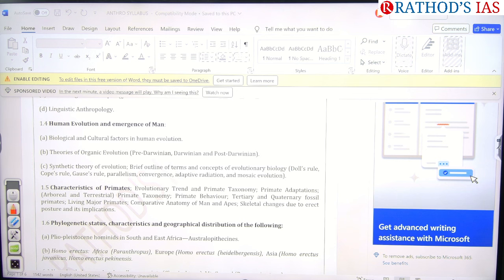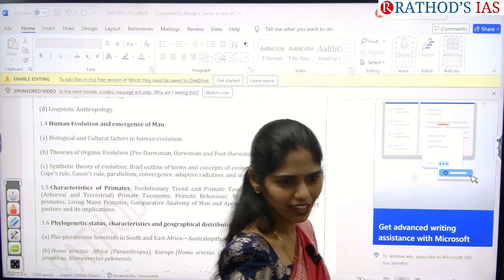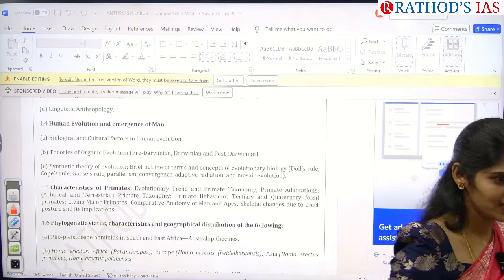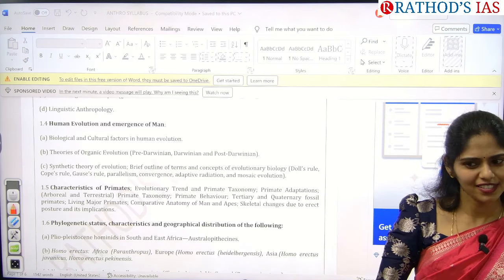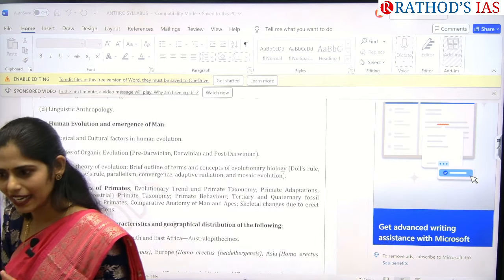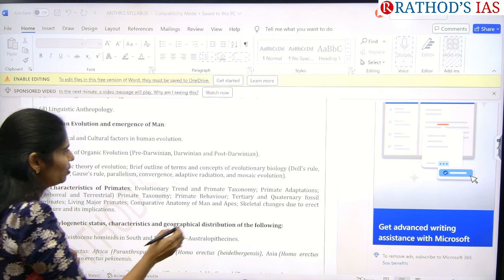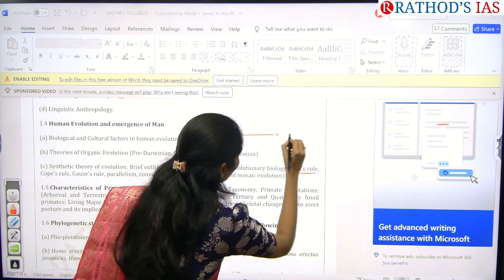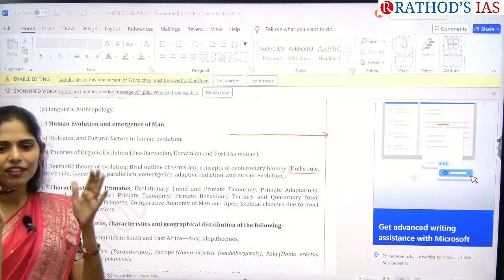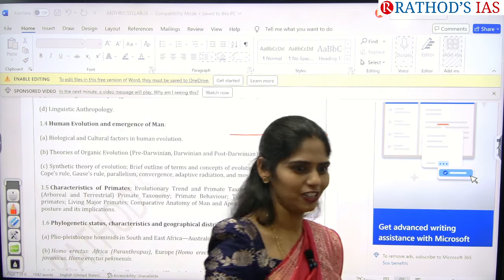Dollo's rule says that, do you know about snakes? How many of you have seen snakes? Everyone. Do these snakes have legs? Once upon a time they used to have legs, but now they don't. That means Dollo's rule says that during evolution, if any property is lost, it cannot be regained in the next generation.